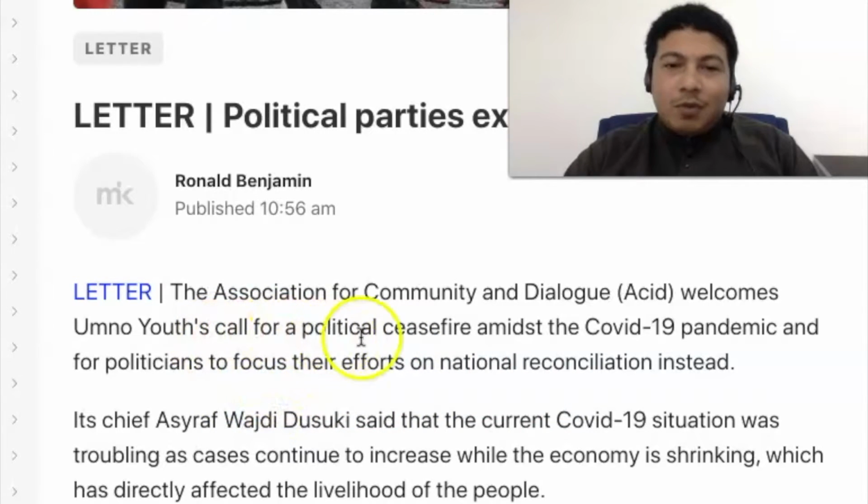There is a call for a political ceasefire amidst the COVID-19 pandemic, and politicians should focus on the people instead of on politics. So that is the stated main idea, the purpose of this article, telling politicians to stop politicking and focus more on the people.